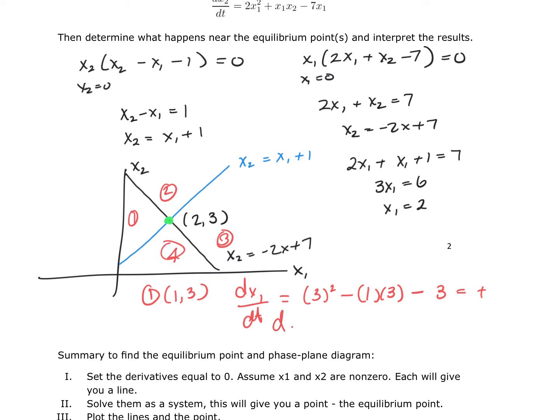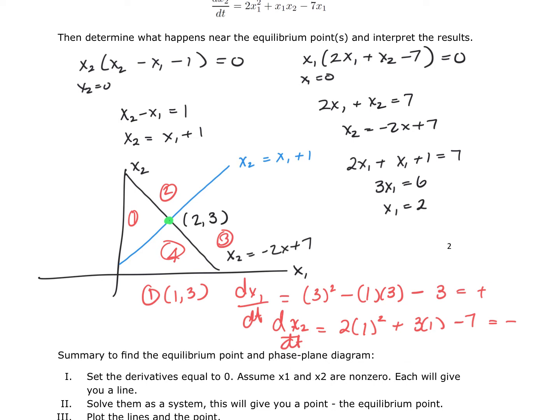Do the same thing with the dx sub 2 of dt. And I get 2 multiplied by x sub 1 squared, which is 1 squared, plus 3 multiplied by 1, minus 7. And so I end up with x sub 2 being negative. Okay, and I would continue this for all of the points.